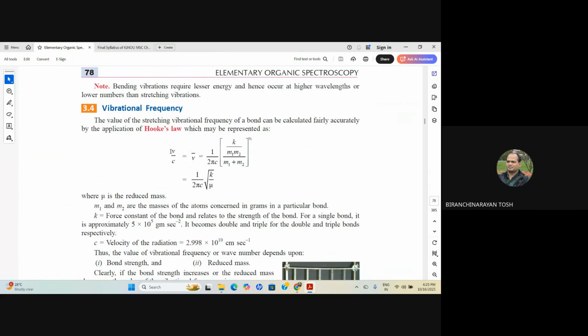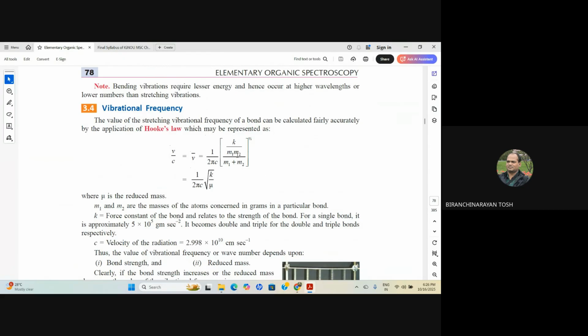In Hooke's law, as you know, the frequency of vibration nu equals 1 by 2 pi root over k divided by mu. Mu is the reduced mass, which is M1 M2 by M1 plus M2, where M1 is the mass of one atom and M2 is the other atom, which are covalently bonded with each other.